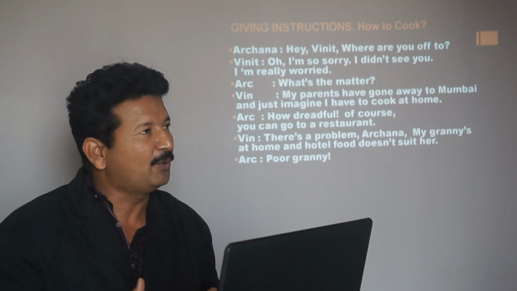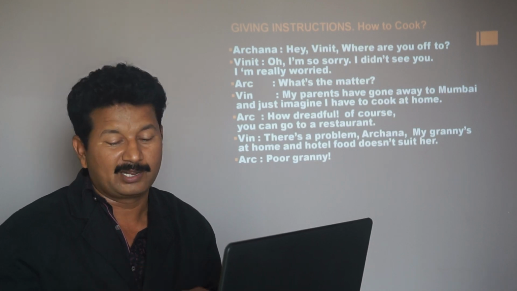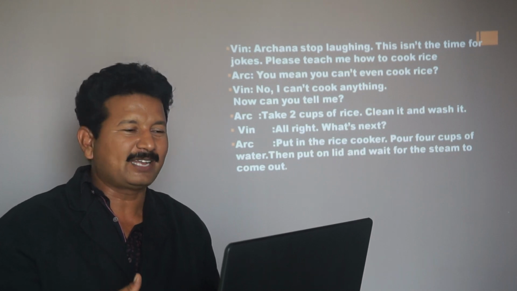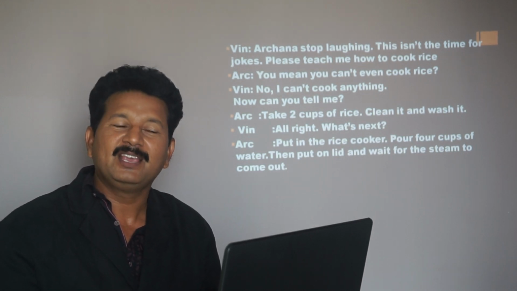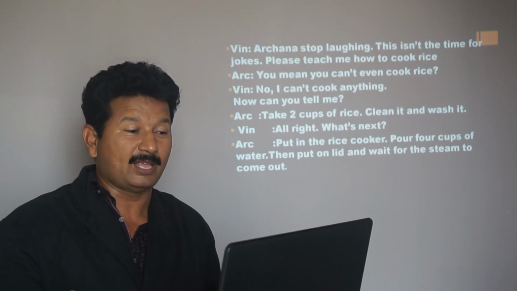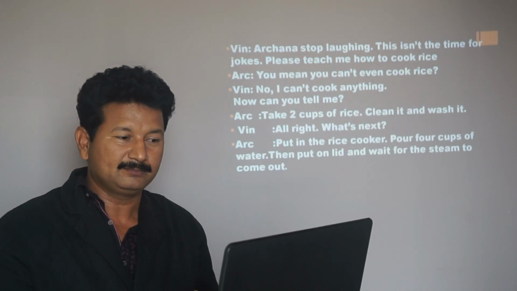My granny is at home and hotel food doesn't suit her. Poor granny. Archana, stop laughing. This is not the time for jokes. Please teach me how to cook rice. You mean you can't even cook rice? No, I can't cook anything. Now can you tell me?